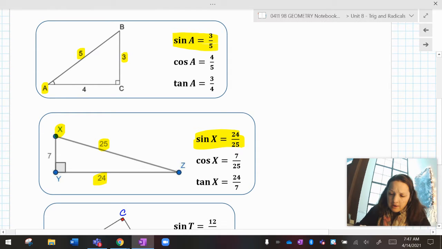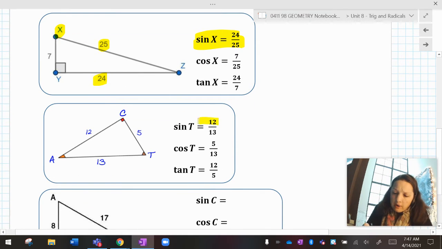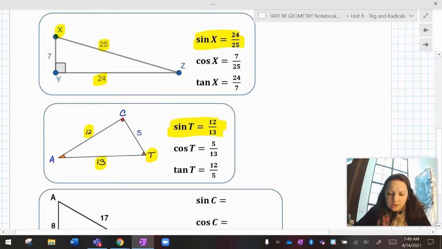All right, let's see if that continues to hold true. So now I have sine t equals 12 over 13. Okay, so here's t, and here's 12, and here's 13. Well, yeah, the 12 is still far away, and the 13 is still the hypotenuse. So what I'm realizing is that for the sine function from a certain angle, the numerator, the top number, is the leg that's far away from that letter, and the bottom number is the hypotenuse.